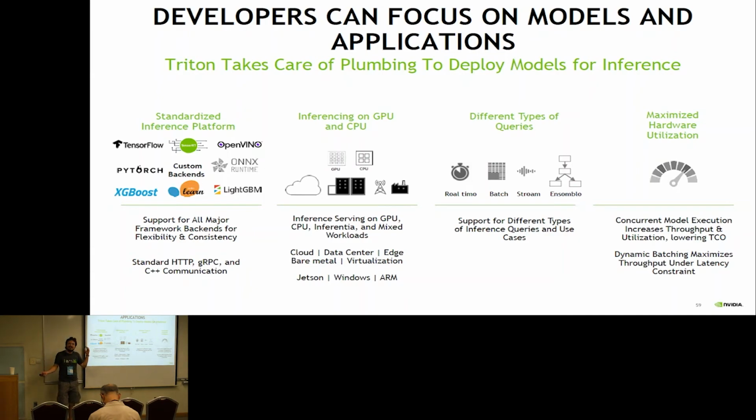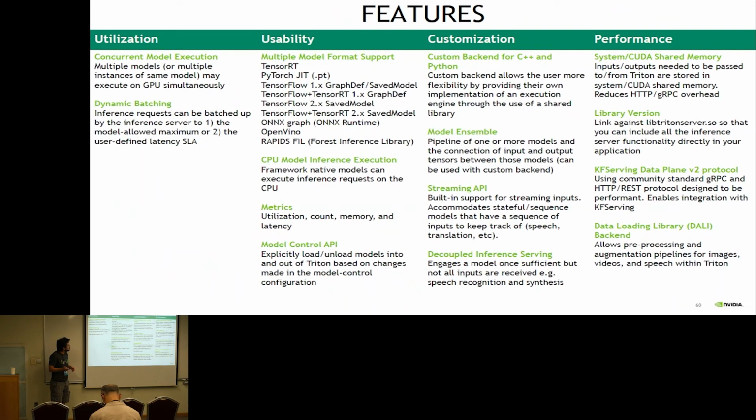Bare metal, hypervisor, containerized, virtualized. It supports batch inference, real-time inference, and streaming inference, which is important for speech recognition and synthesis. And it does all that maximizing hardware utilization. So this combination of all the features is hard to implement yourselves, because it takes time for each of them.